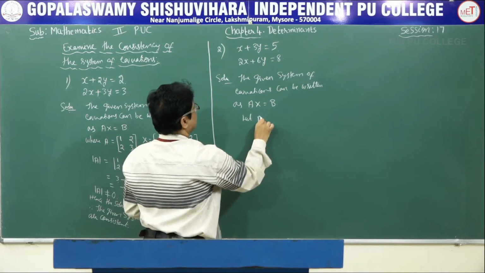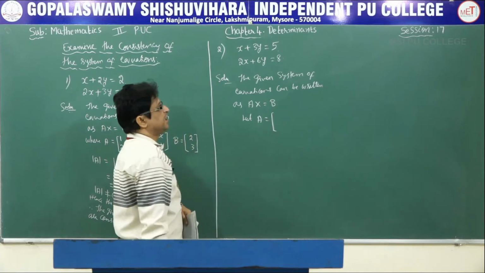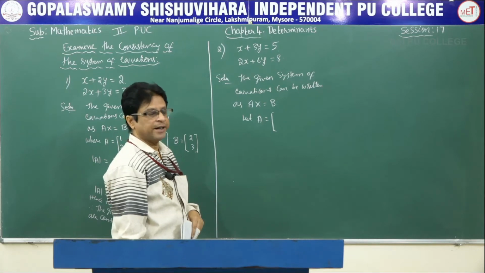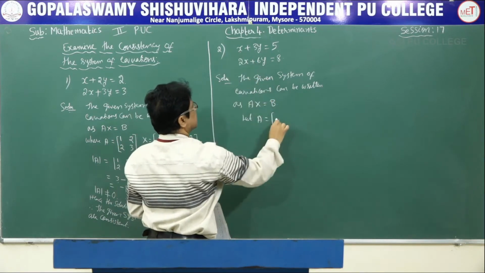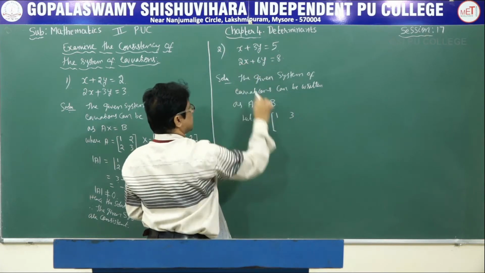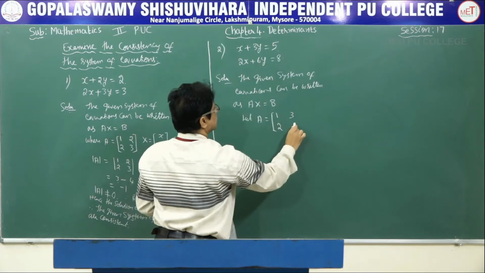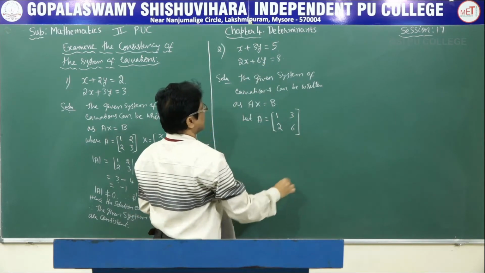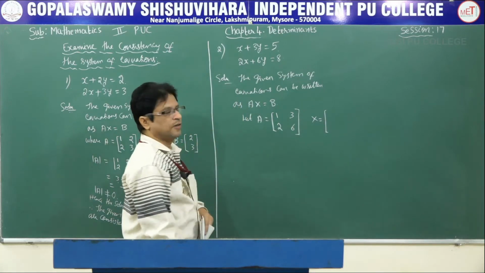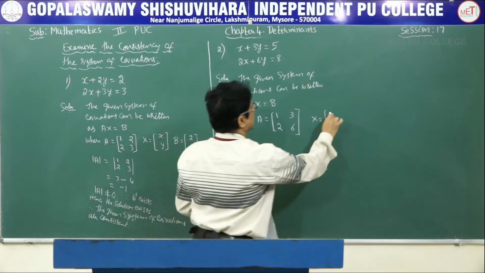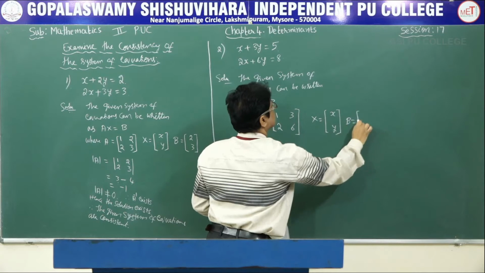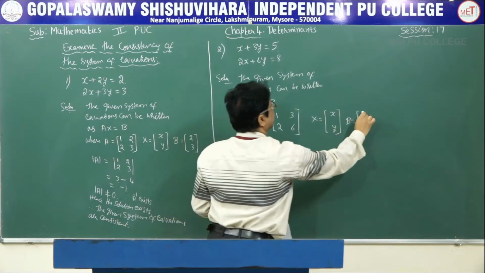Let A equals, so A will be the matrix of coefficients of x and y in order. So coefficient of x is 1, coefficient of y is 3, coefficient of x is 2, coefficient of y is 6, and x is the matrix of unknown variables, that is x, y, and B equals the constants 5, 8.